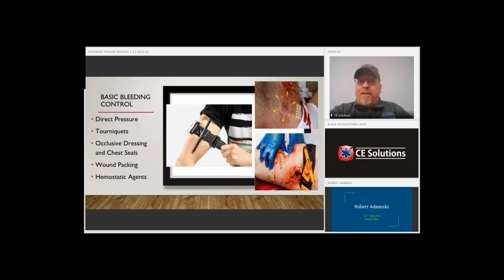And then finally, but not least important, we're going to talk about the various hemostatic agents, how and why they work, the advantages and disadvantages of using them, and their role in controlling hemorrhage in the pre-hospital care setting.